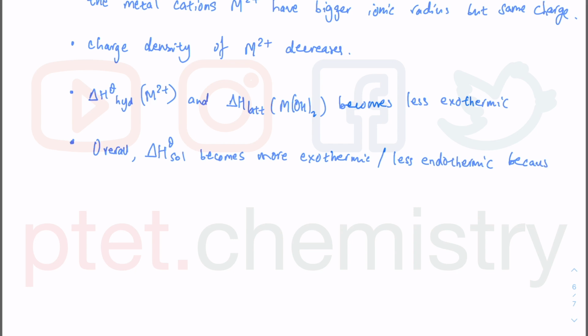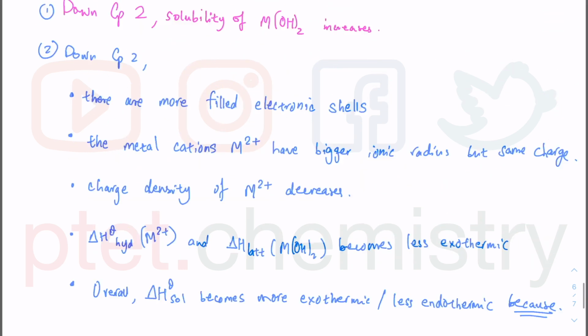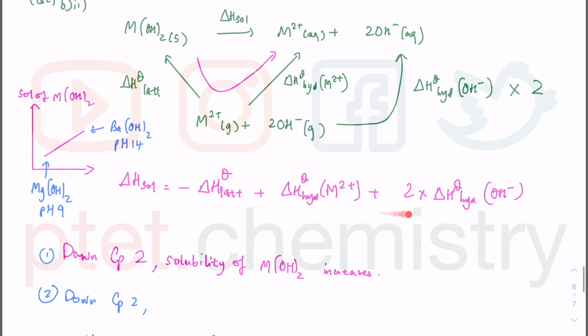Because this is the most important one. This is the one that will be totally opposite if you are talking about solubility of sulfate, as a result of considering what actually happens going down group 2. Alright, so this is where I will spend a couple of minutes explaining what is going on here. So this thing is less than 0. It's exothermic.